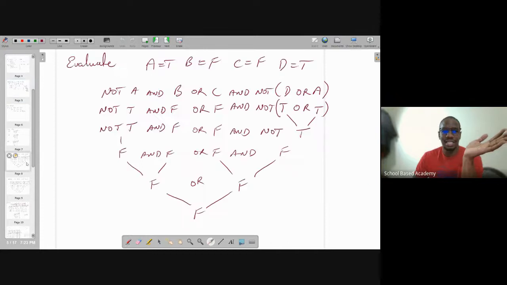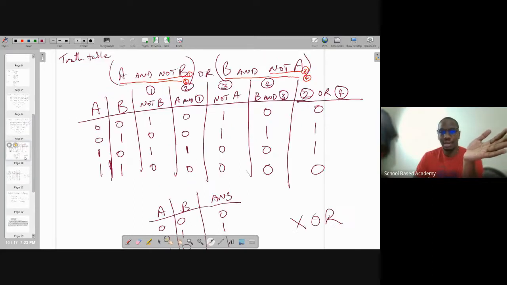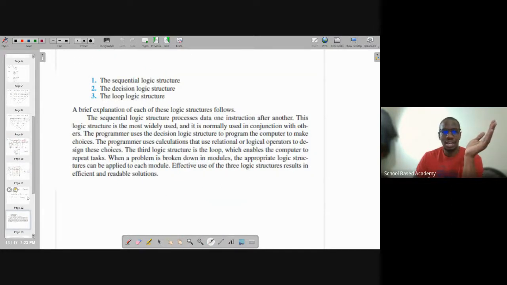We actually did some evaluation of expressions utilizing Boolean data types. We did some truth tables. We took a look at the introduction of what each one of these logical structures are. We only got to sequence today, which means that maybe next week I can squeeze in decision and looping.